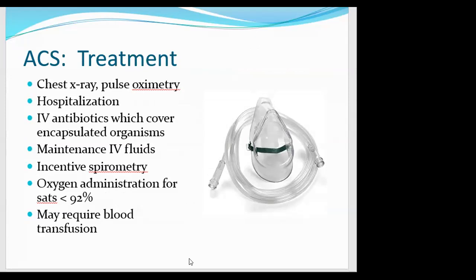And more than likely, they're going to get a blood transfusion. Anytime a sickle cell patient is really, really bad, we're going to do a blood transfusion, because what's causing their issues is their blood, those sickled cells in their blood. So we need to get them some good, healthy blood to treat the issues that they're having.